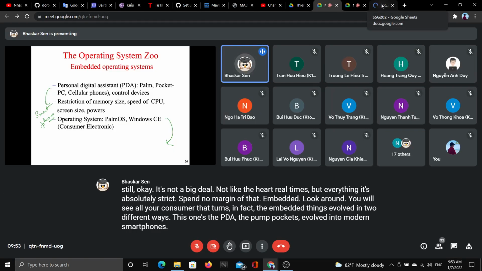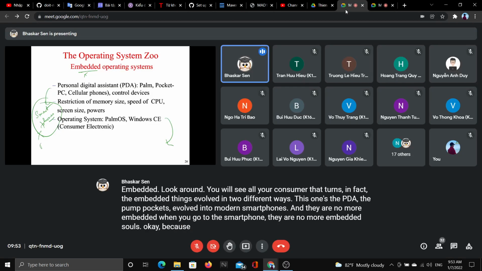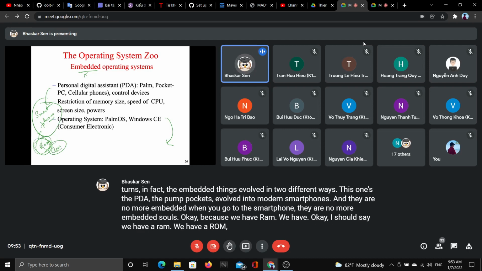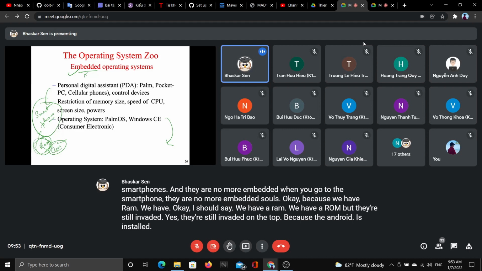And they are no more embedded when you go to the smartphone, because we have a RAM, we have a ROM, and Android is installed and Android will stay.